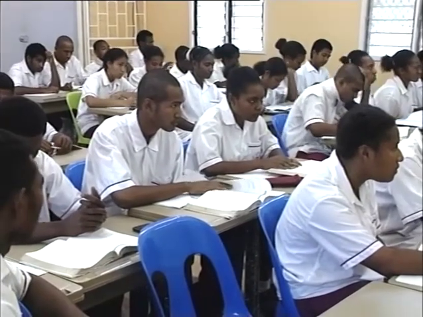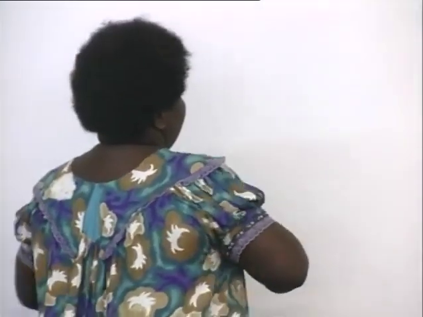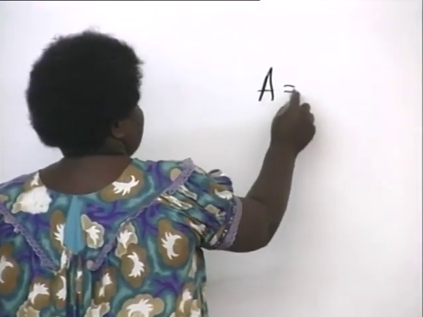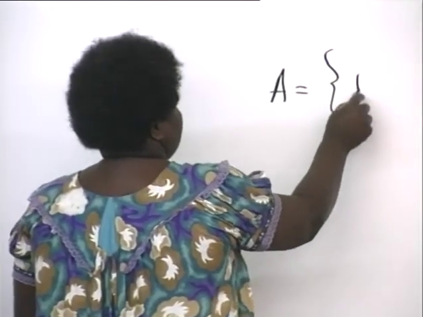All right, can someone come and write on the board what symbol we use for, say for instance, if I write set A, okay, like this.